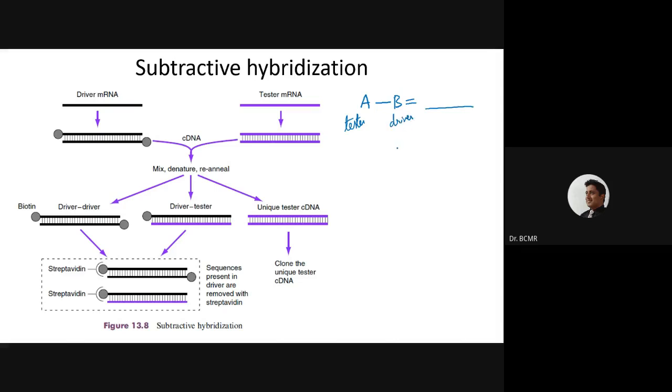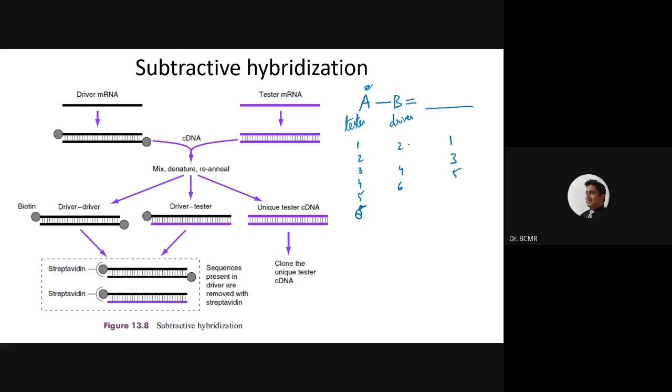So we are subtracting all those that are common in both types of cells. For example, A is producing some mRNAs called 1, 2, 3, 4, 5, and B is producing 2, 4, 6. If we subtract, we will get 1, 3, 5.